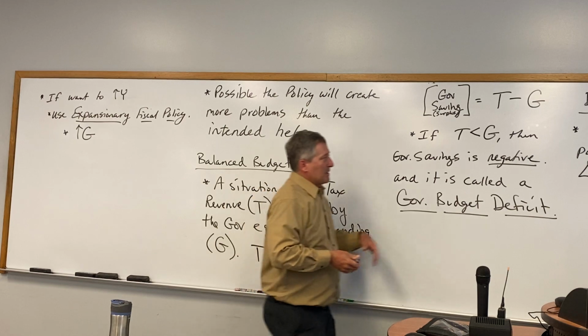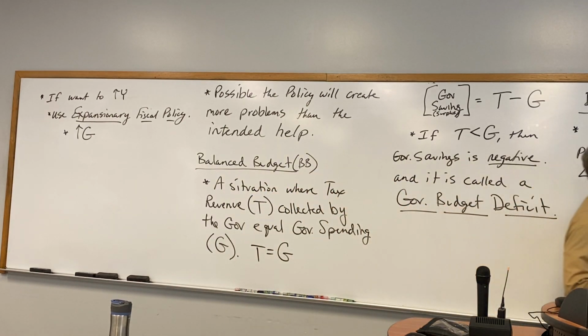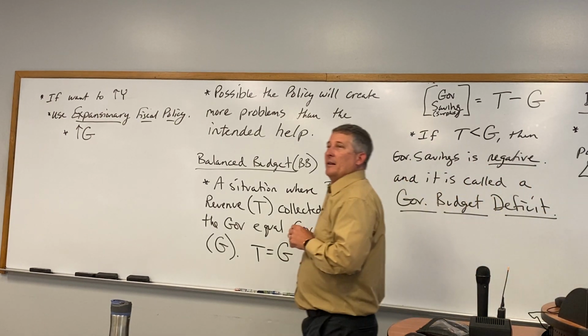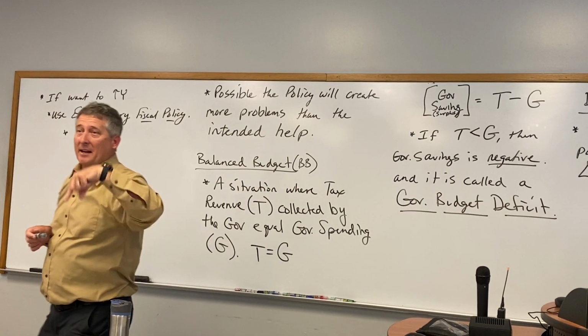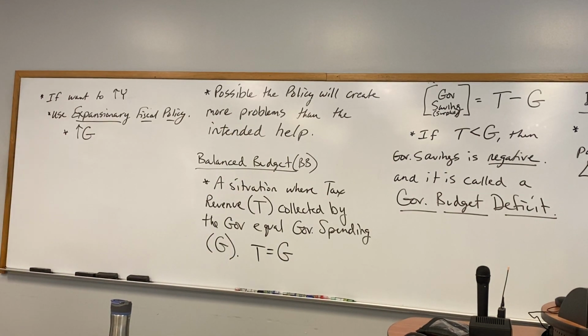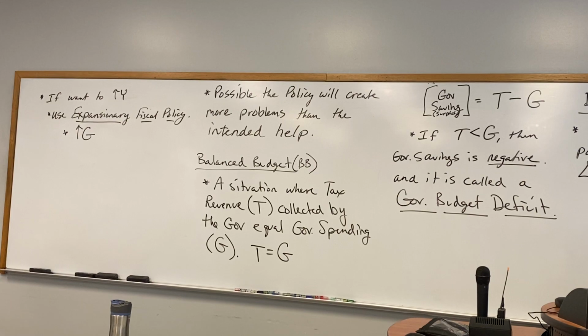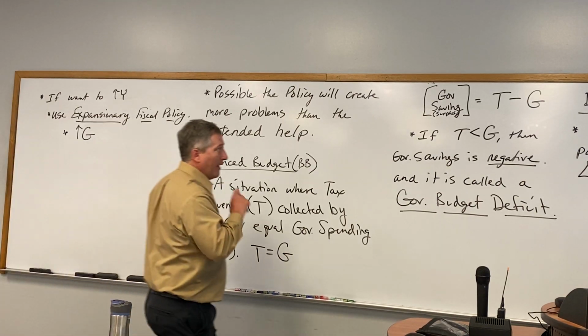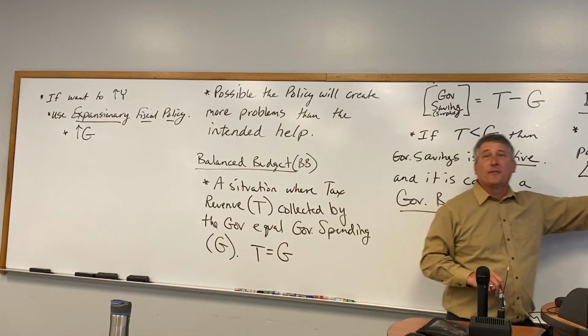but we haven't talked much about T over here. If you're trying to expand the economy, would you decrease taxes or increase taxes? We would decrease it, right? So I saw a couple people putting that down. If we put more money into people's pockets, now we're going to have a different type of spending effect, right?